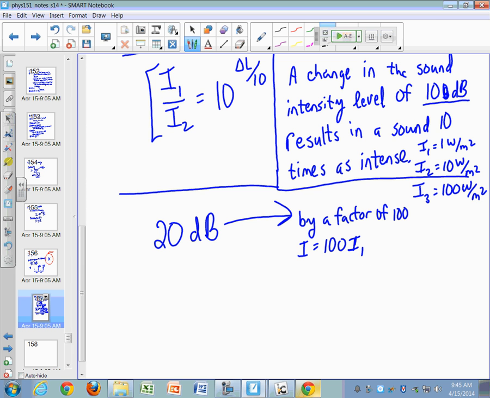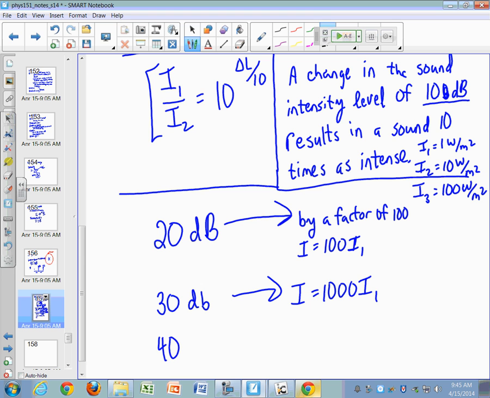That comes about because of the way logarithms work, that they work on this scale of 10, basically. And then if I had an increase of 30 decibels, my intensity would increase by a factor of what? 1,000, right? So if I had an increase of 30 decibels, my intensity would actually increase by a factor of 1,000.